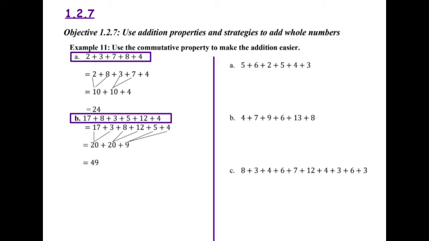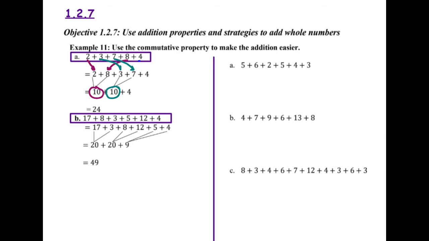Doesn't matter. There are easier ways of doing that, though, because you're going to group them together so that it makes it easy for you. Notice they move the 2 and the 8 close together. Why? Because they add up to equal 10. Then they move the 3 and the 7 because they equal 10.